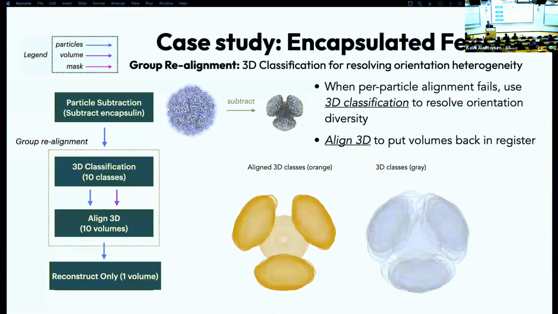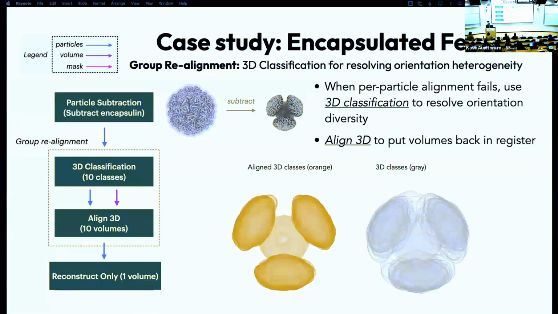Now, the fact that these classes are out of alignment tells us something interesting about the sample, which is that the orientation of this tetrahedron relative to the encapsulin is not constant across particles. We suspected this earlier from the local refinements that we saw and the homogeneous refinement that didn't get to high resolution, but this is a little bit more concrete confirmation of it.